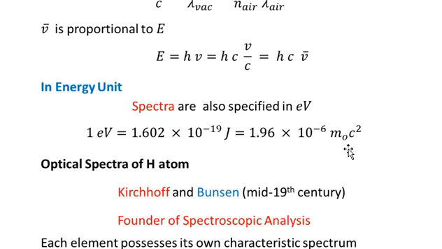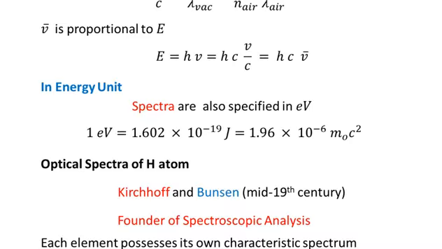So the electron volt in terms of m naught c square is also mentioned here, and I have given you the idea of how you can find this unit. In energy units, we normally specify most frequently the electron volt, and sometimes, if you want, you can also specify in units of 1.96 times 10 to the power minus 6 m naught c square, but that is in terms of the rest mass energy of the electron. If you want, you can specify those units also.